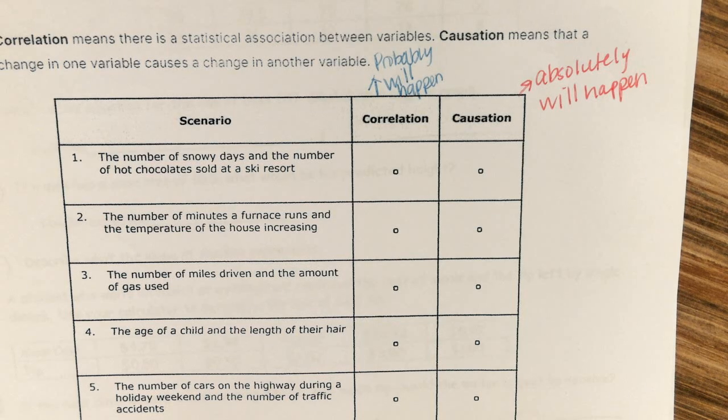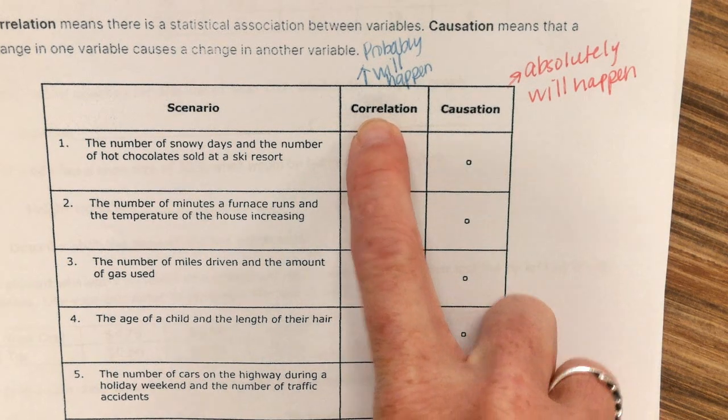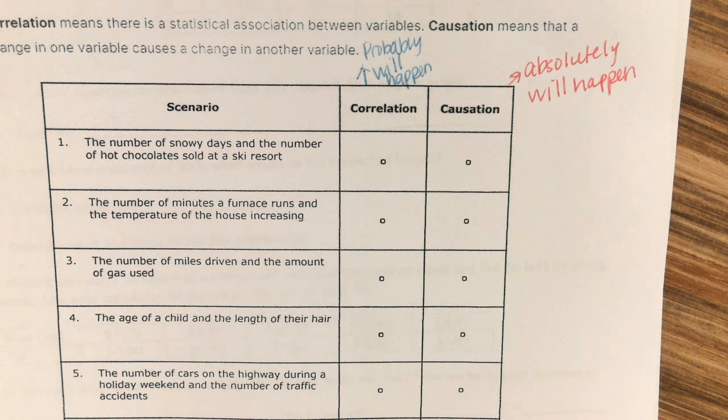That is causation. Correlation is if the temperature goes up outside, I will sell more snow cones. I will probably sell more snow cones, yes? But it is not an absolute. Absolute is causation. Most likely will happen is correlation. Do y'all understand the difference?